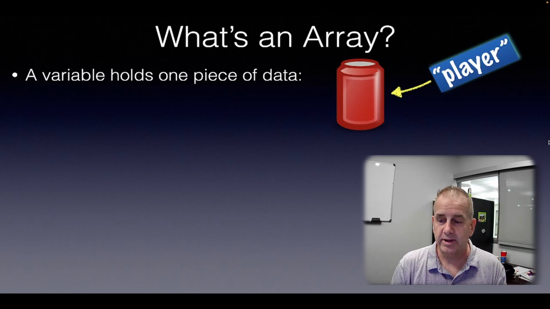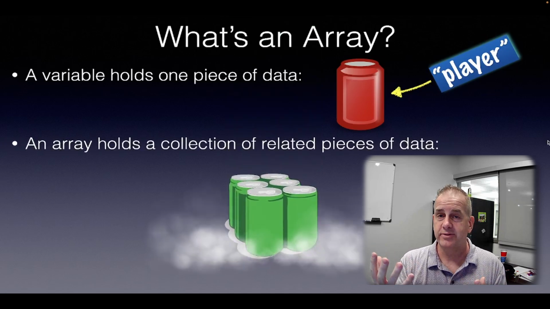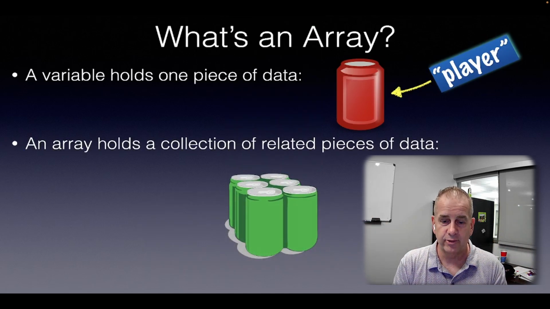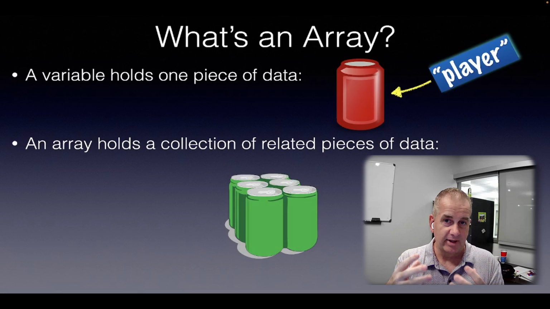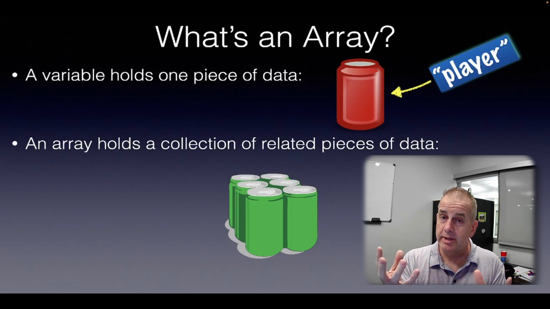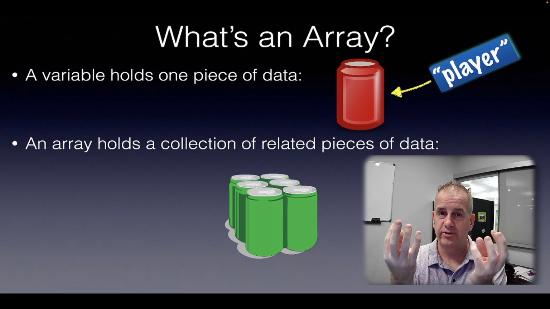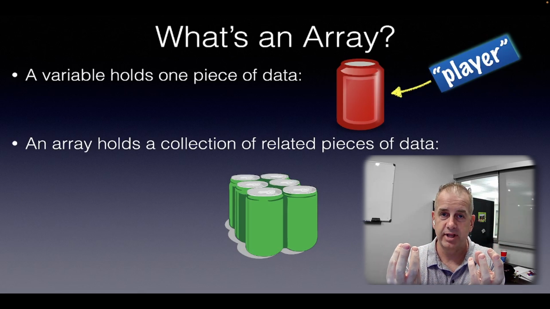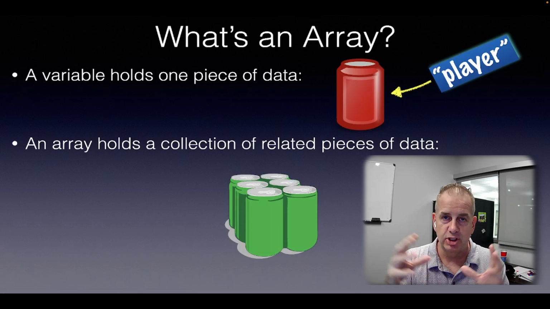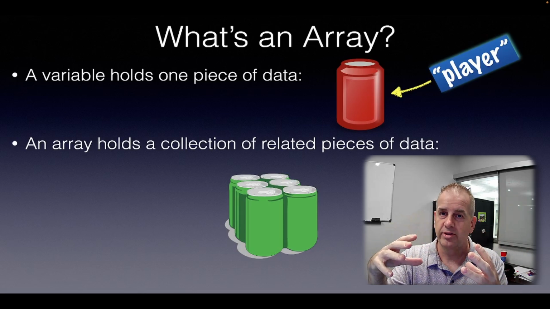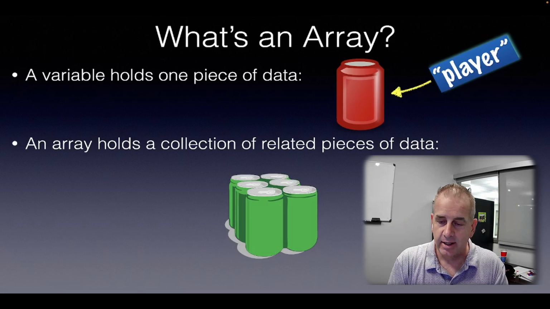So this is where arrays come in. What if we have a whole bunch of related information that we want to store? We can think of that as a collection. This would be like a six pack. We can take a bunch of variables that are all similar to each other and kind of belong as a group, and combine them into one structure that we can work with as a single entity.